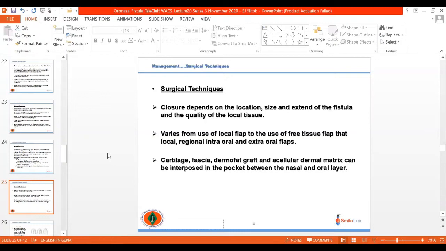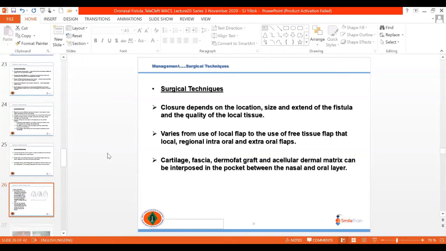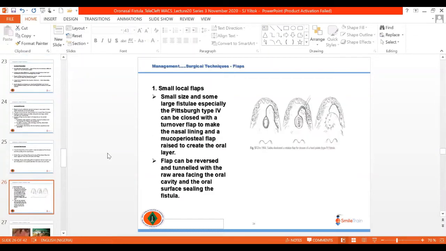There are additional tissues that can be used, like cartilage, fascia, dermal fat graft, acellular dermal matrix. All these can be incorporated between the pockets of the nasal and the oral layer to achieve closure in some cases. So let's go through some of the flaps.